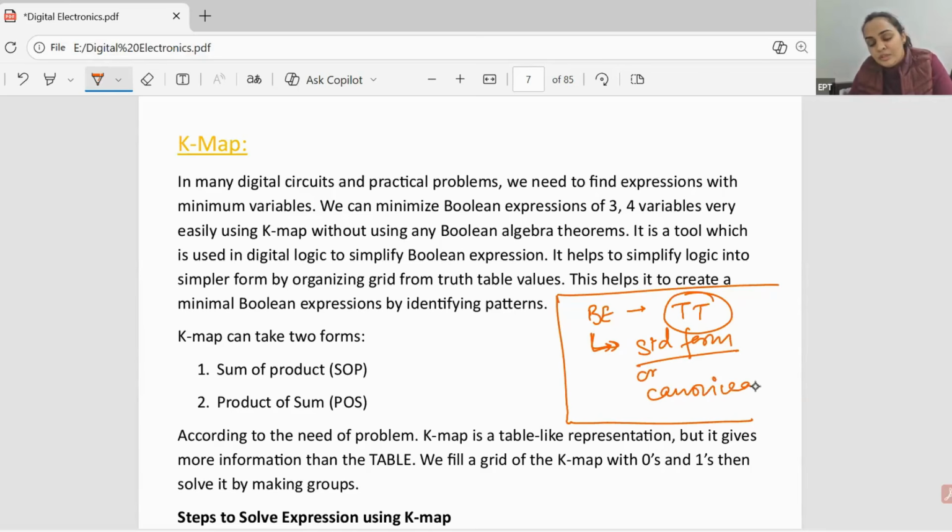Both mean the same. And if you get your Boolean expression from the K map, then that expression is going to be in its simplified form.